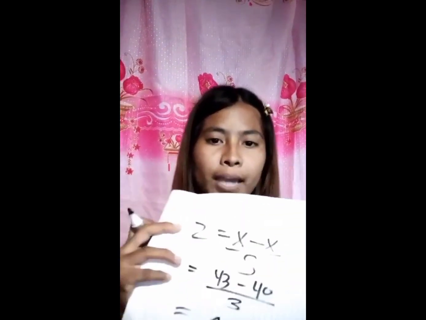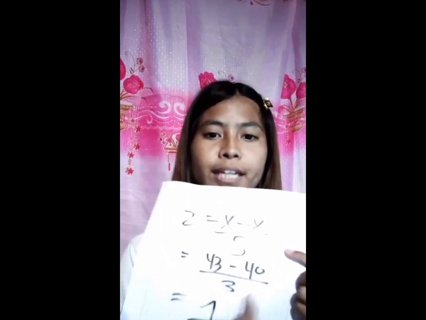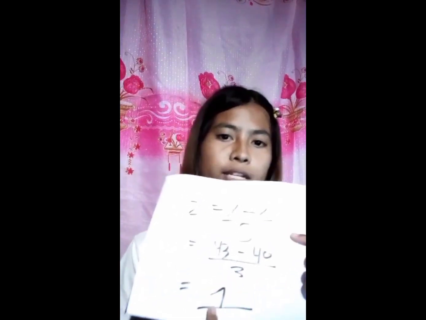Okay, this is for the algebra test. 43 minus 40 divided by 3, and the z-score is 1.